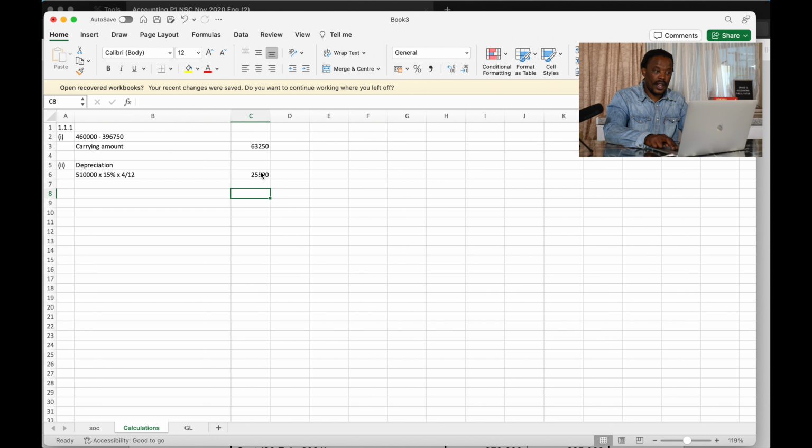We're happy with that. But vehicles are calculated at 15% on the cost price method.